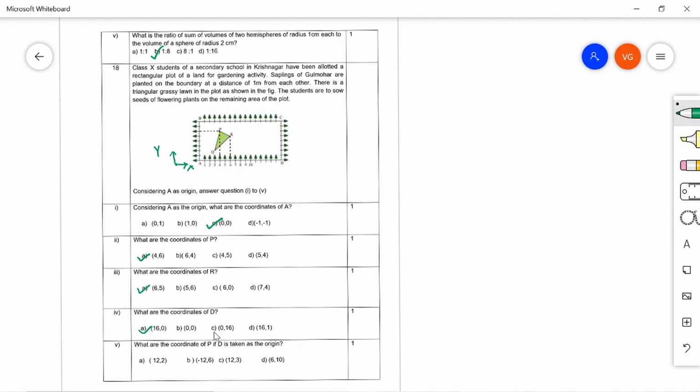Next question. What are the coordinates of P if D is taken as the origin? So if you are considering D as the origin, let us mark D here as 0, 0. Then this will be your x-axis and this will be your y-axis. Then this side it will be negative x-axis, right?